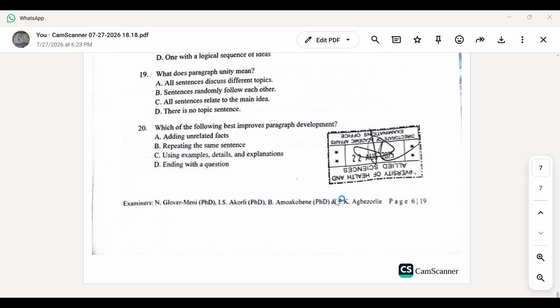What I'm saying is we want to emphasize the art of writing, the skill of writing. You cannot write an essay and get 20 over 20. Have you ever seen it before? But if you take a quiz, you can get 20 over 20.